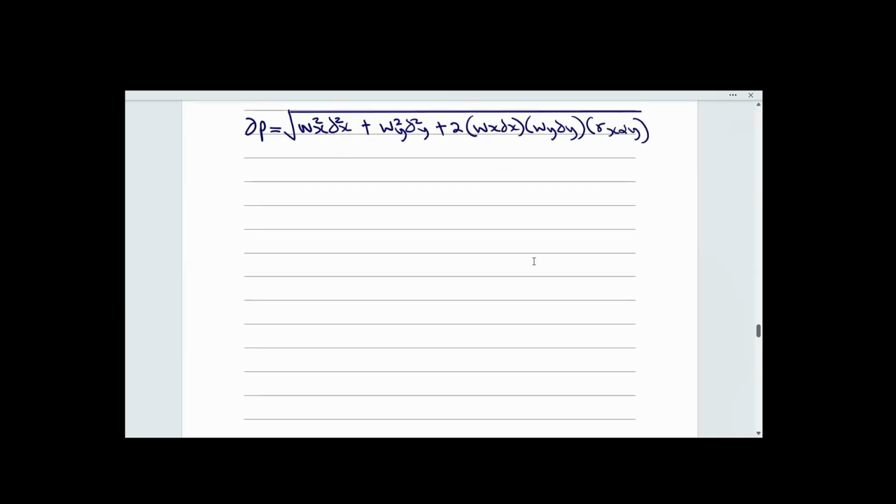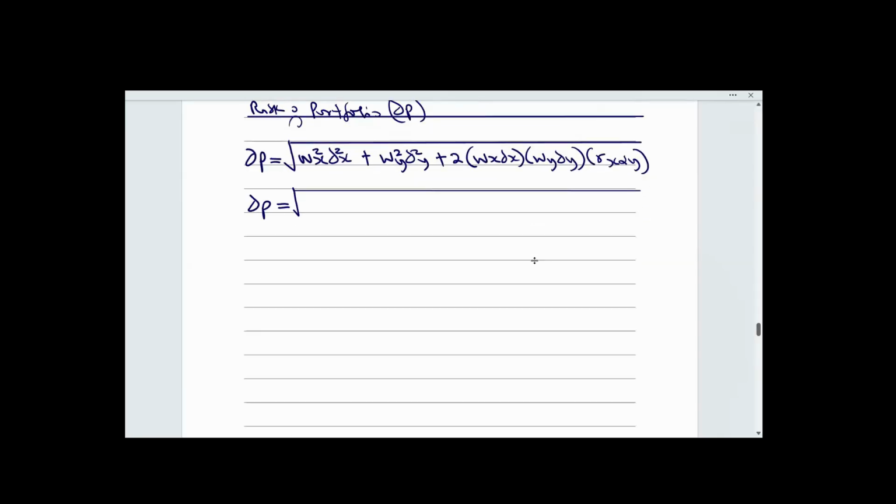So you then put the figures. Now, we are investing 60% on security X. Pay attention.